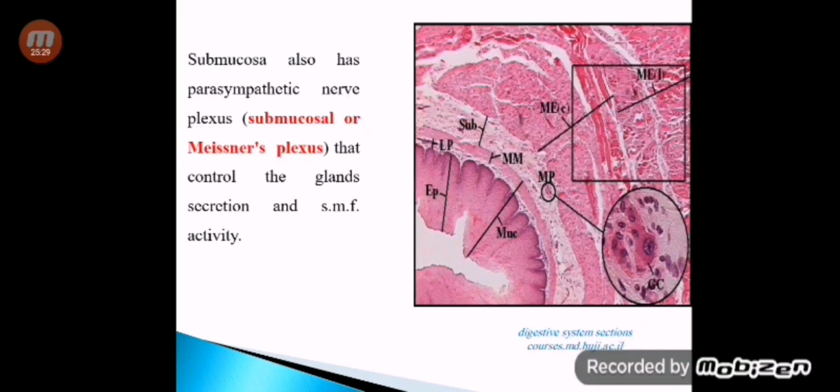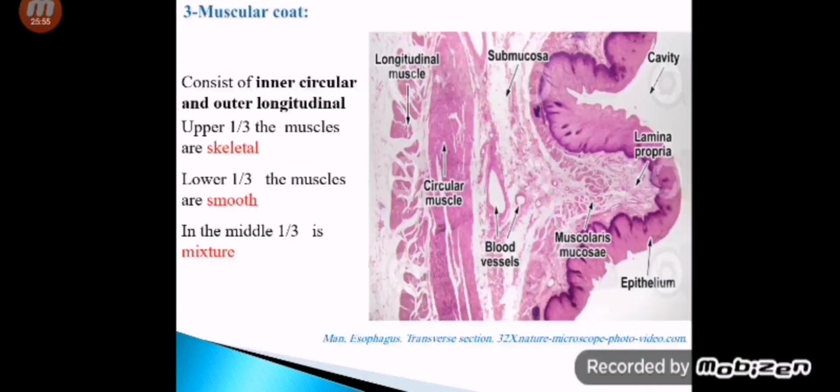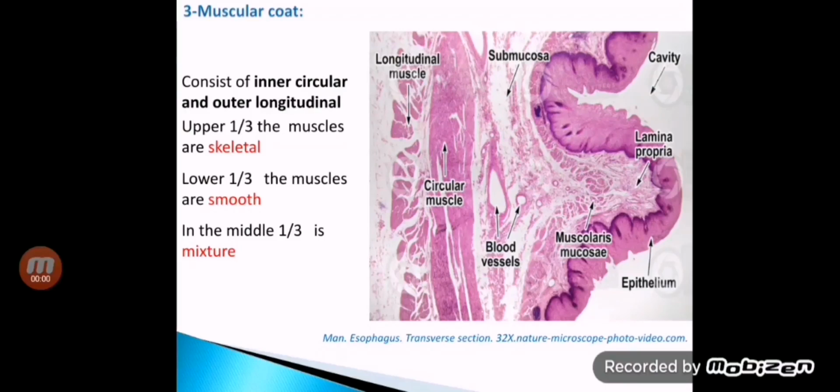The submucosa also has a parasympathetic nerve plexus named the submucosal or Meissner plexus that controls gland secretion and smooth muscle activity. In this slide, this is the lining epithelium, lamina propria, muscularis mucosa, and this is the submucosa containing the plexus. This is the plexus under high power.